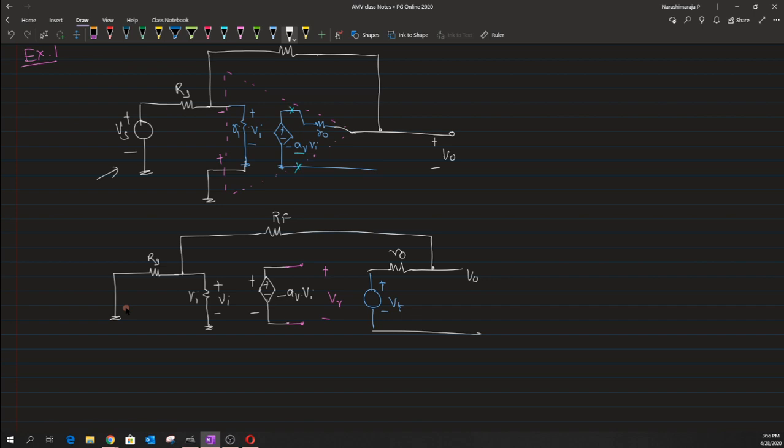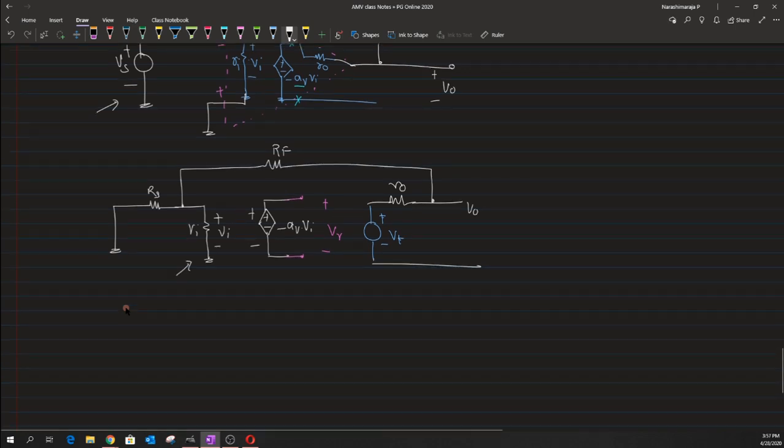Okay. So now let me just try to label a few things. First, let us try to calculate the value of this Vi. Okay. Now, one could see that, let me just try to figure out this Vt.